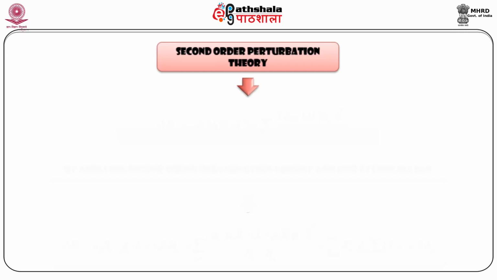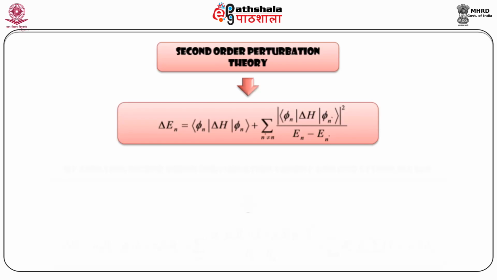Now let the energy En change by delta En on application of the magnetic field. In second order perturbation theory, we can write down this change delta En as this: the expectation value of delta H with respect to the wave function, plus this second order term.